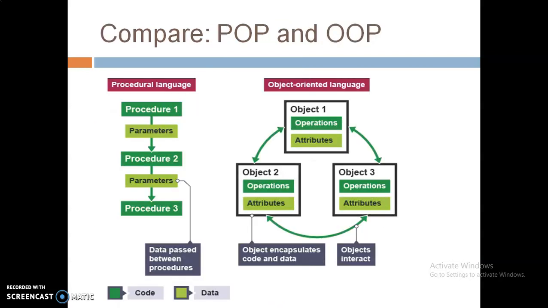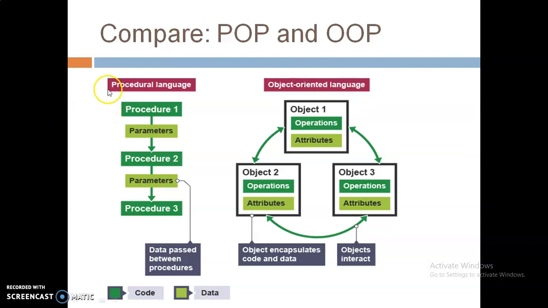So let's see the comparison between POP and OOP. In this block diagram, the left side panel shows the flow of program in procedural languages, and the right side shows the flow of program in object-oriented languages.